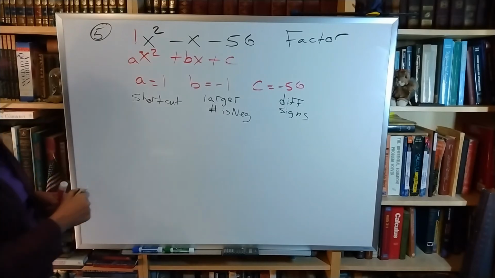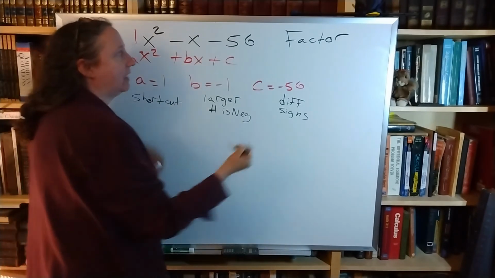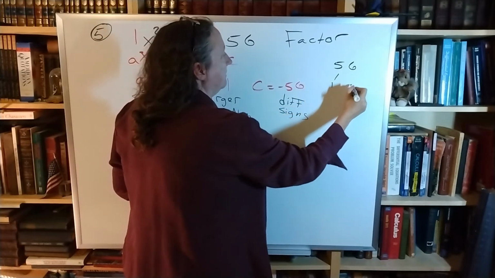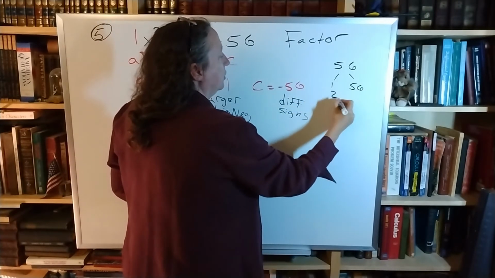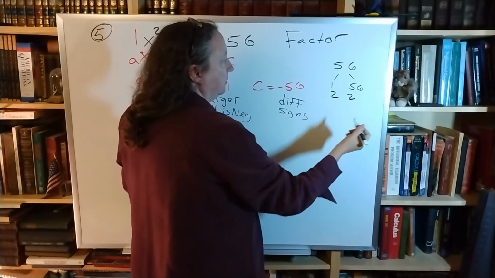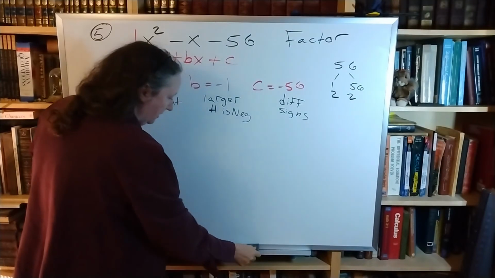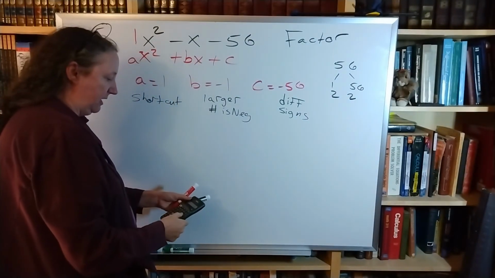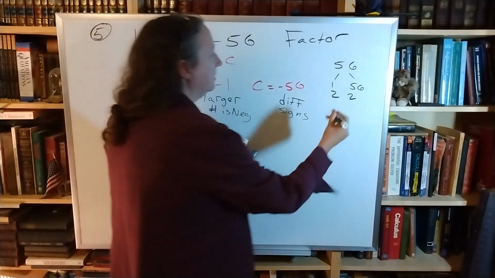So I'm going to take my 56 and I'm going to factor it. Could be 1 and 56. Could be 2 and 28. 56 divided by 2 is 28, yes.